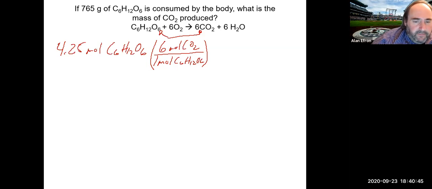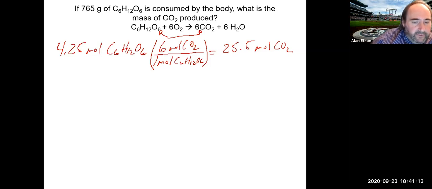So we're going to multiply this by 6, and that'll give us something like 25.47, I believe. If we want, we could do a little bit of rounding, 25.5 moles of CO2 in this case. We have now just used stoichiometry to go from the C6H12O6 to our CO2.